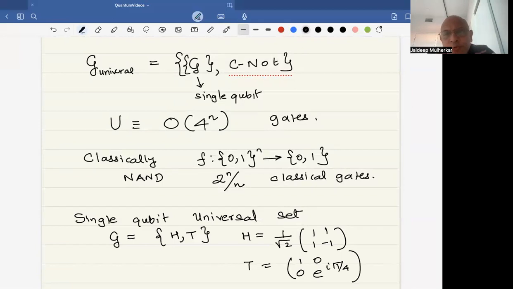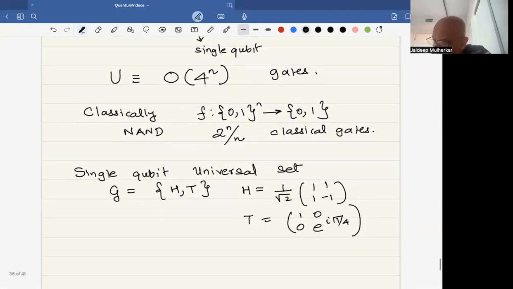To show this, the proof is just working your way around the Bloch sphere and showing that using this set, you can generate two non-parallel rotations about the Bloch sphere, and the angles are irrational multiples of 2 pi.